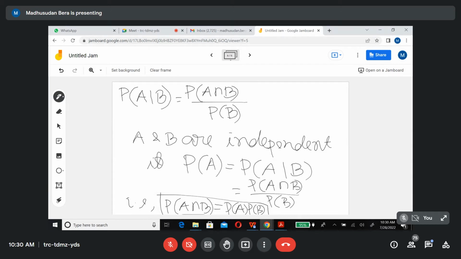Or we can write P of A given B is PA, or P of B given A is PB. So for independence, either P of A equals P of A given B, the equivalent condition is P of A intersection B is PA into PB, or P of B given A is PB. So A given B means B has occurred, assuming that we will find A. So independent means it does not depend on B. So P of A given B is the same as P of A. That is what independent means.